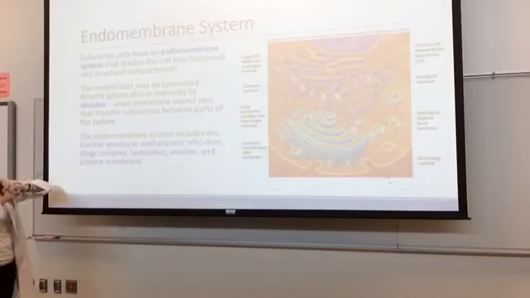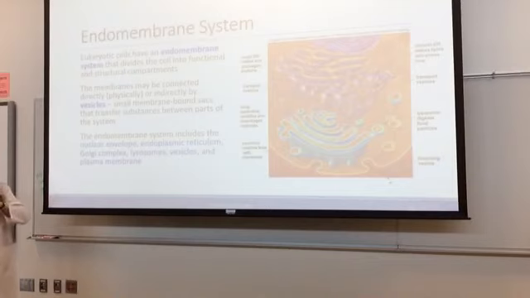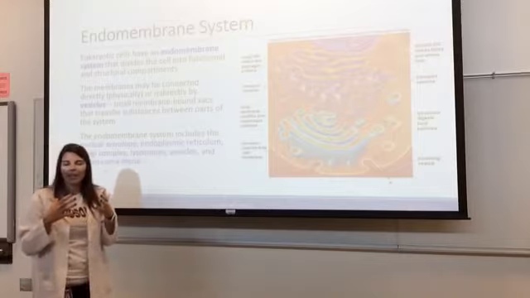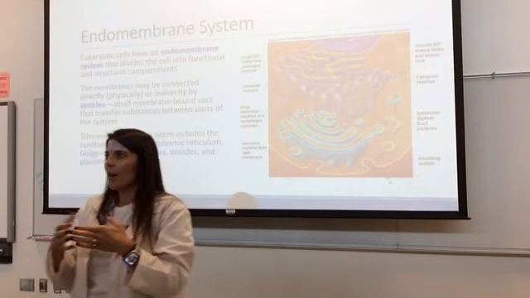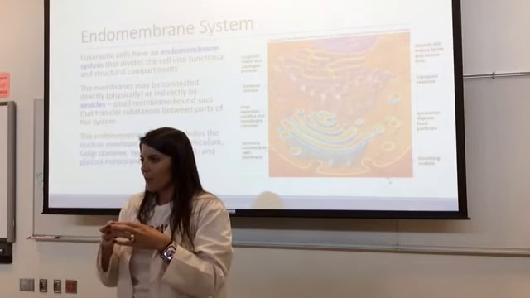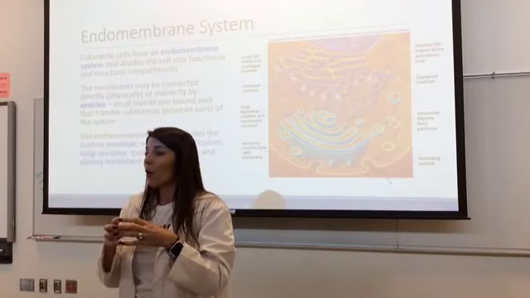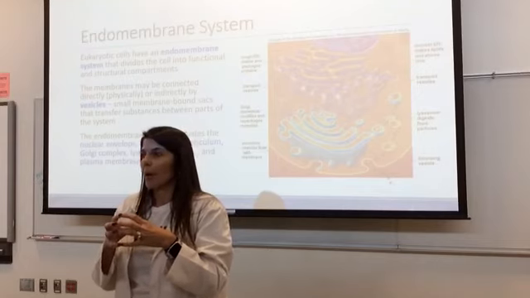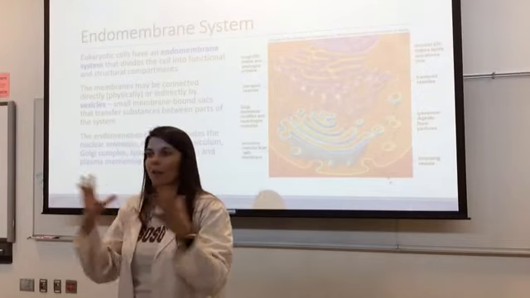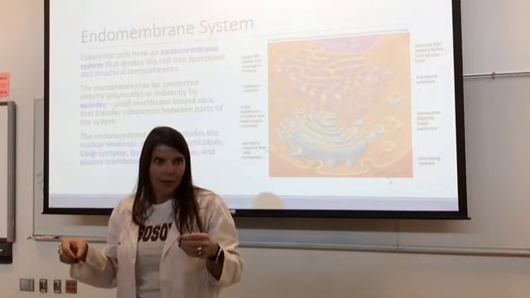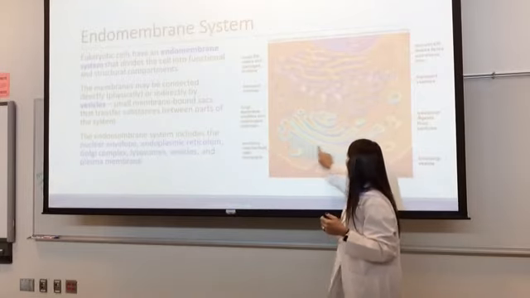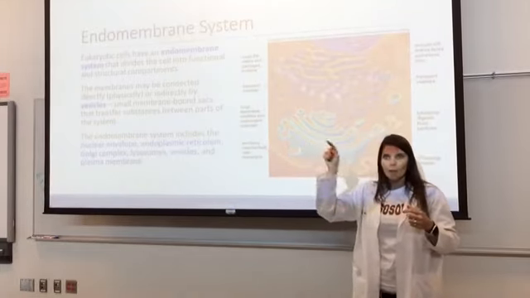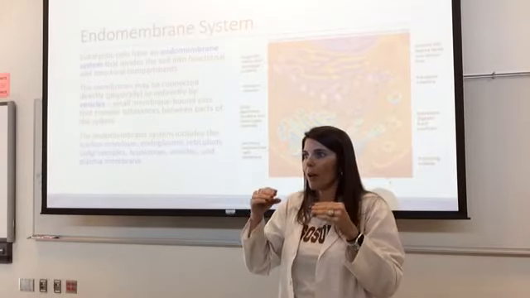And they themselves are going to be composed of membranes. So when we talk about a eukaryotic cell and we say that these cells have membrane-bound organelles, what type of membrane am I talking about that's around them? Don't overcomplicate this, you just said it. It's a phospholipid bilayer. All of these organelles that we say are membrane-bound are composed of their own phospholipid bilayer when you look at it up close.